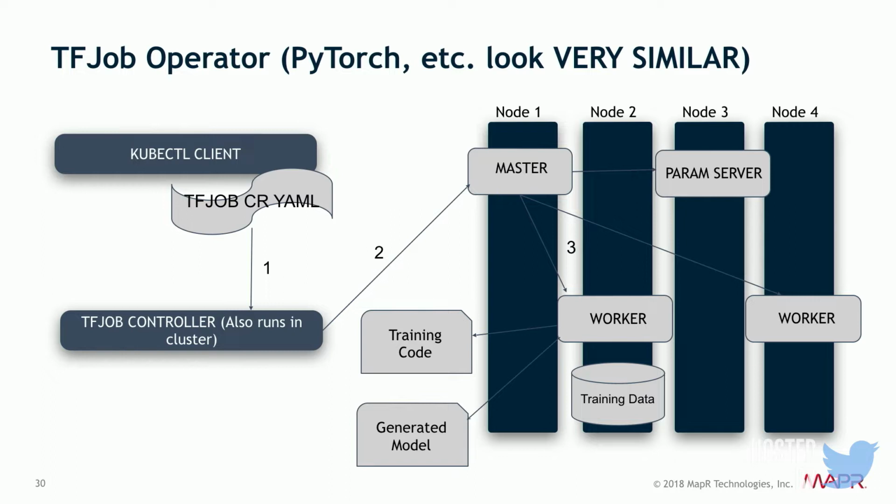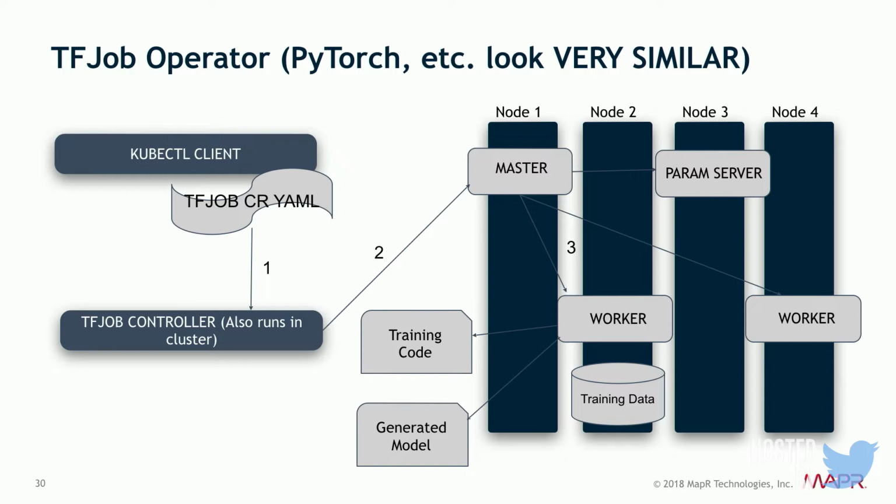You pass some YAML from it to Kubernetes. The controller is watching for that YAML. In this case, we're sending a TensorFlow job. The TensorFlow job controller sees that YAML. You've specified what the job should look like in that YAML, and so it starts launching containers in the environment for you.